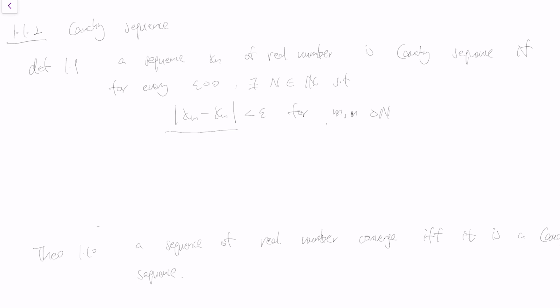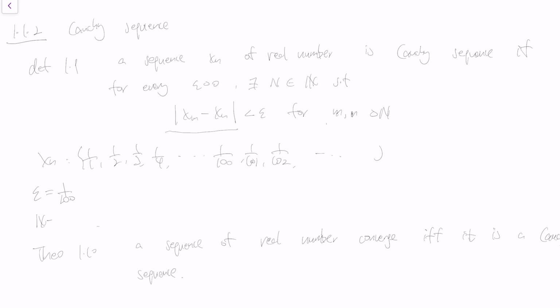Let x_n be the sequence 1 over 1, 1 over 2, 1 over 3, 1 over 4, and so on, like 1 over 100, 1 over 101, 1 over 102, and we keep going. Let's set epsilon equal to 1 over 100.